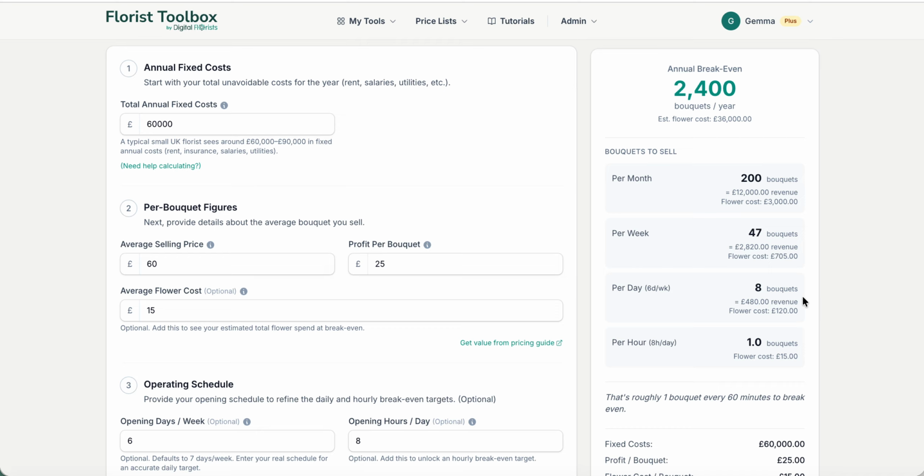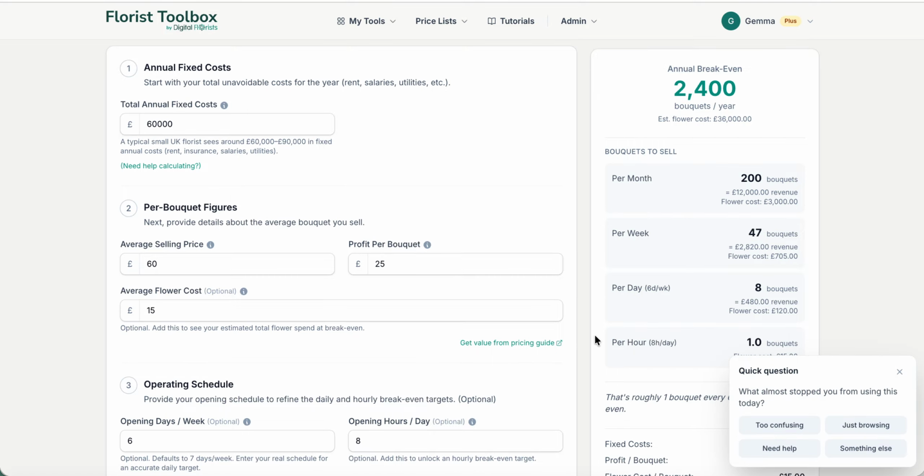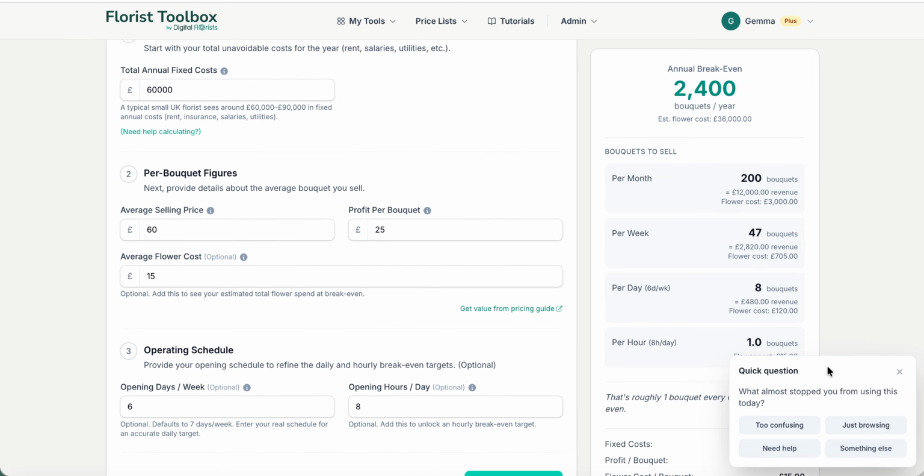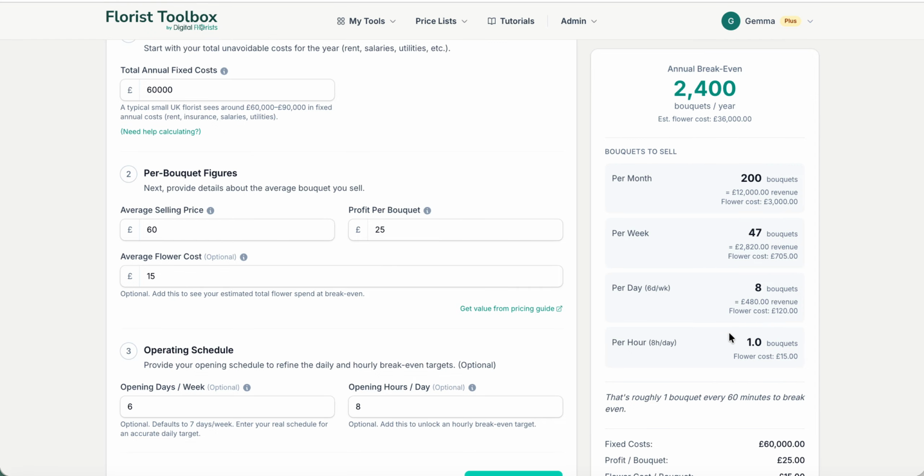Now, if you're thinking about businesses you've been in, you need to think about, well, how many bouquets do generally go out the door on an average day? What I think is also interesting here, if you've inputted your cost price per bouquet, it actually tells you how much money you need to spend on flowers to have enough flowers to cover the cost of those bouquets you're going to sell.